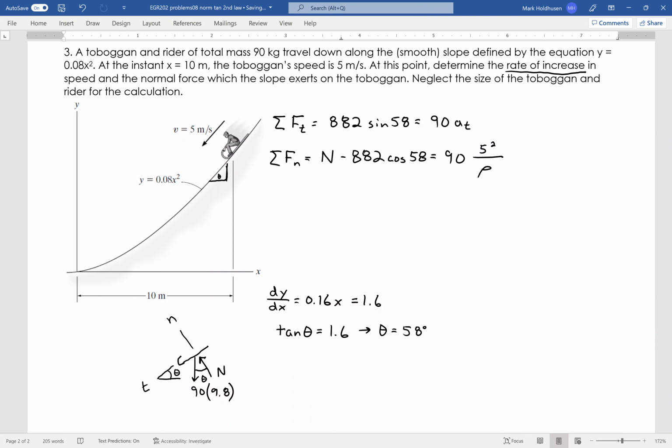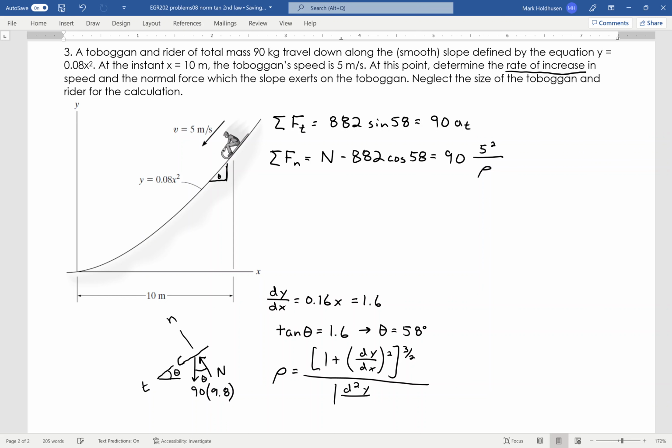So now I need to figure out rho, where I use the equation, because I was lucky enough to know the equation for the slope here. I can find rho equal to 1 plus the first derivative squared to the 3/2 power divided by the absolute value of the second derivative.